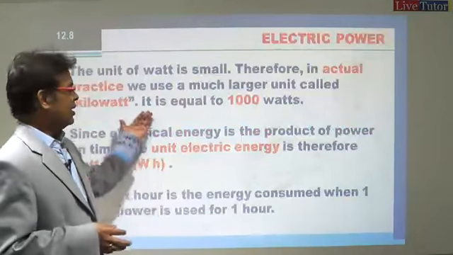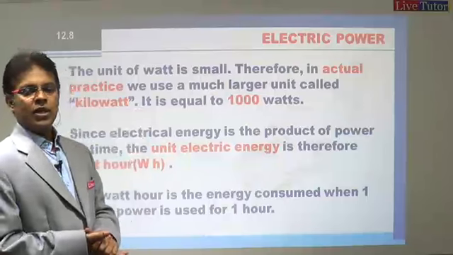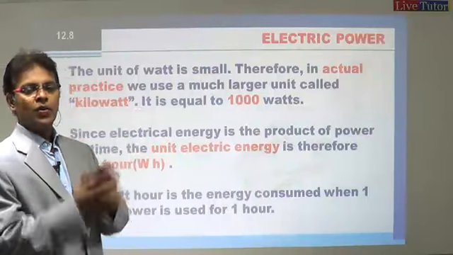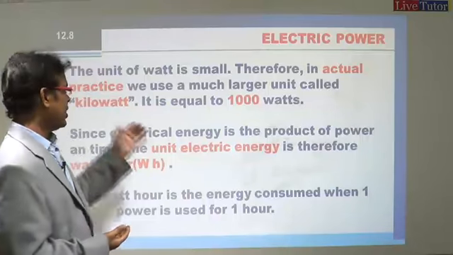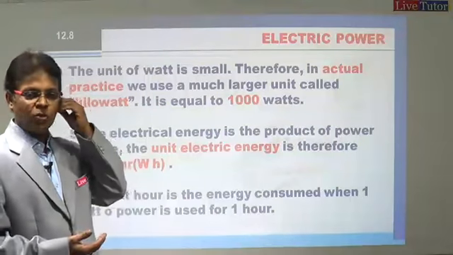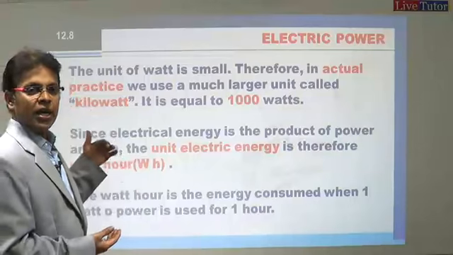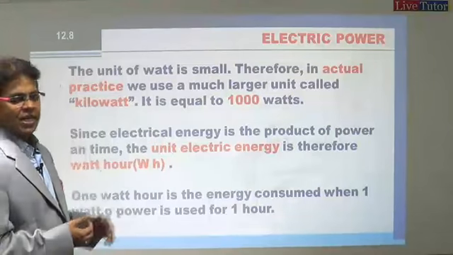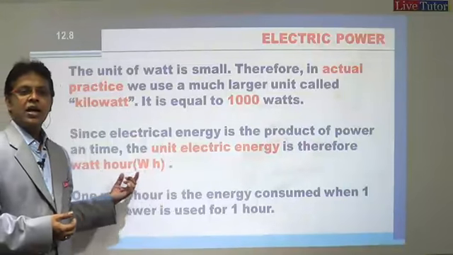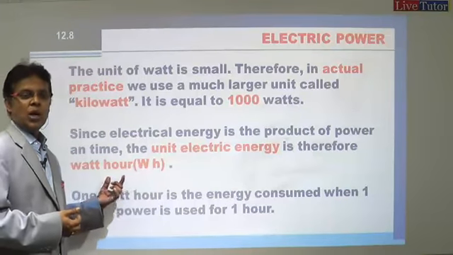We know that the watt is usually a smaller unit. For practical and domestic purposes, we use kilowatt, which is 1000 watts. Since electric energy is the product of power and time, we say watt hour, kilowatt hour.